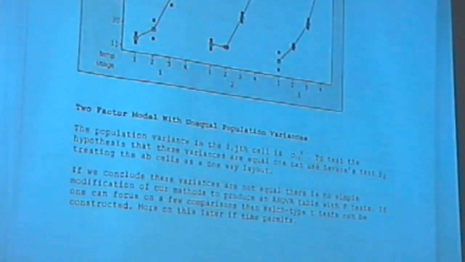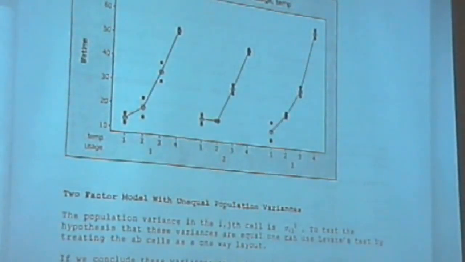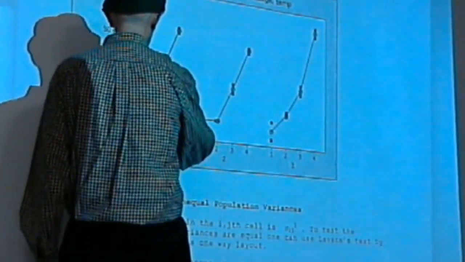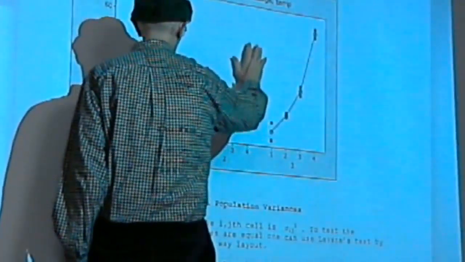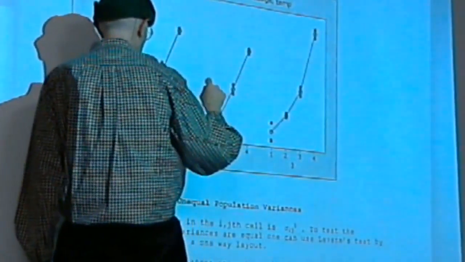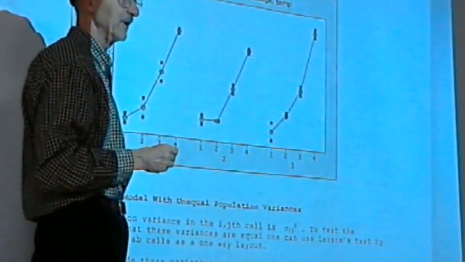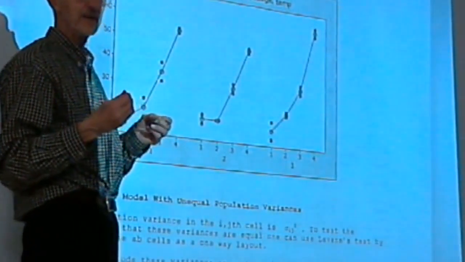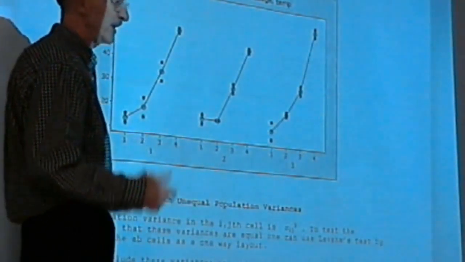So, for instance, in our example here, if I wanted to test whether there was any difference between usage 1 and usage 2, the average of these data points versus the average of those data points, form a Welch t-test for testing that difference. Now, I don't need an assumption of equal variance to carry out that test, right? So I've got something to do, but I have to put it together in pieces.